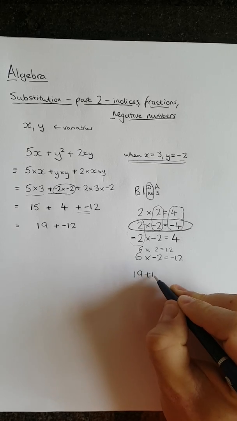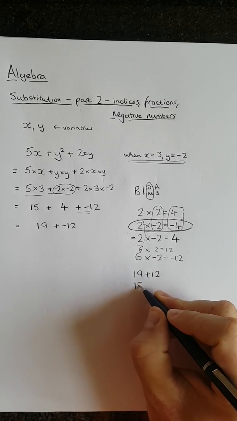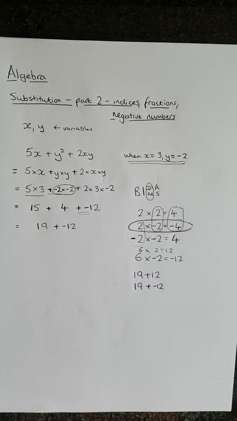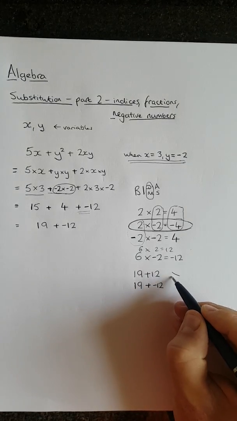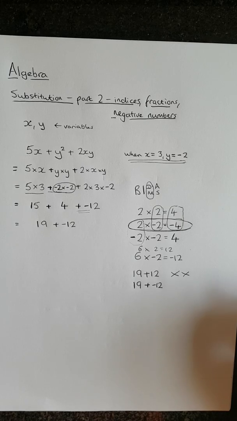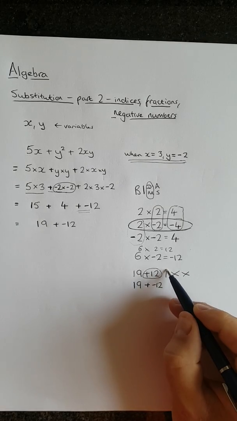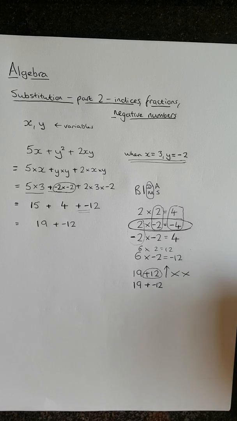What would 19 add 12 be? Then you need to consider what you'll do if you had 19 add negative 12. Well, it doesn't matter what the answer here is, but we know that adding 12 will make the number go up by 12. So what will happen if we add negative 12?